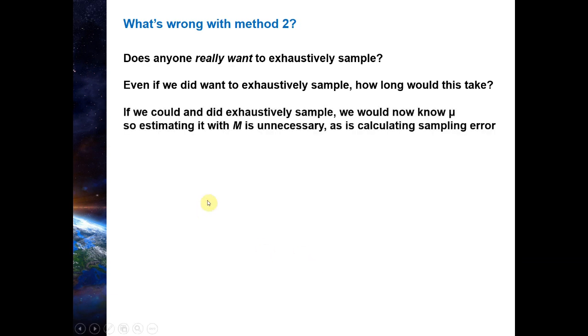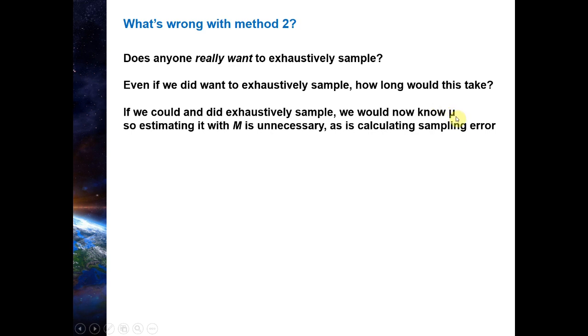Now, let's just pretend that we did. All right, so we lived to be 3,000 years old and we exhaustively sampled from the population. Well, once you exhaustively sample and you calculate the mean of the means, we now know mu. If you know mu, you no longer need to calculate sampling error. All right, because now you know mu.